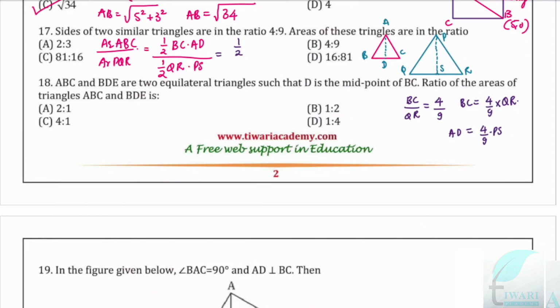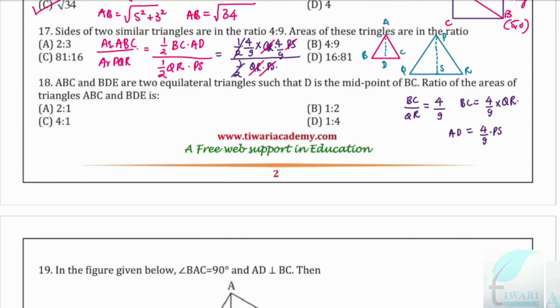Okay, so instead of BC and AD, I'll write half into BC, which is 4 by 9 into QR, into AD, which is 4 by 9 PS, divided by half QR into PS. So half and half will get cancelled. Similarly, QR and QR also will get cancelled.